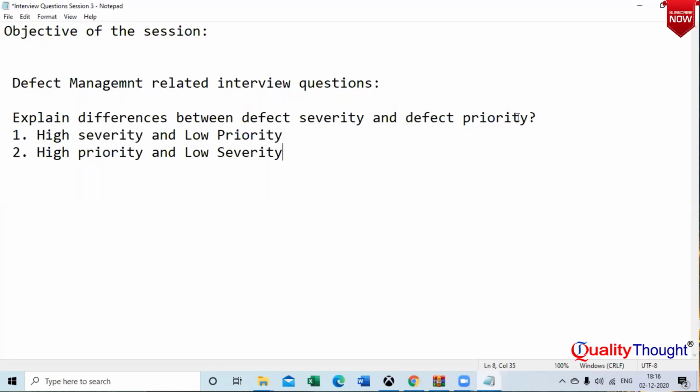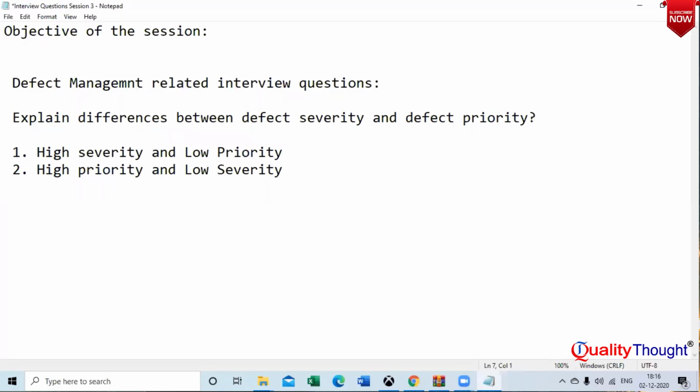So explain differences between defect severity and defect priority, high severity and low priority, high priority and low severity. So this was the interview question. First I wanted to explain this.